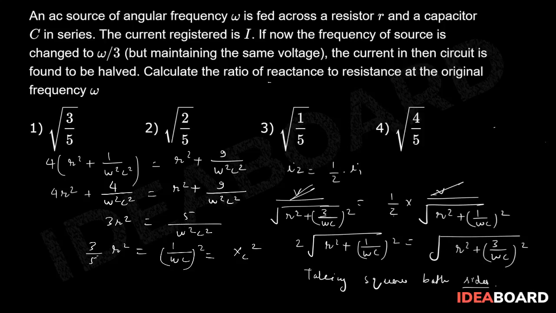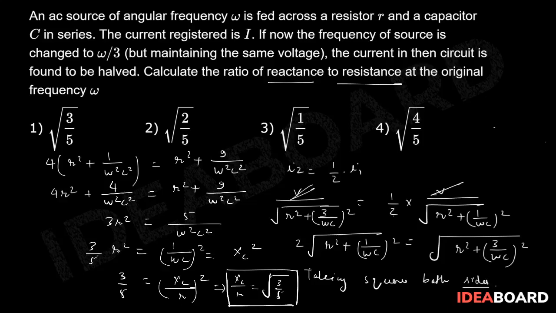What they are asking is the ratio of reactance to resistance at the original frequency omega. So Xc upon r whole square will be 3 by 5, which gives Xc by r equal to under root of 3 by 5. So option number 1 has to be the right answer.